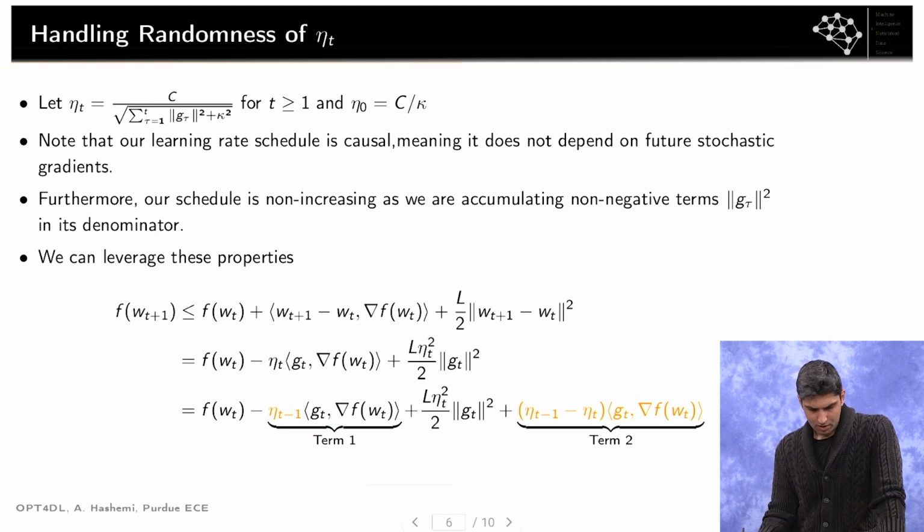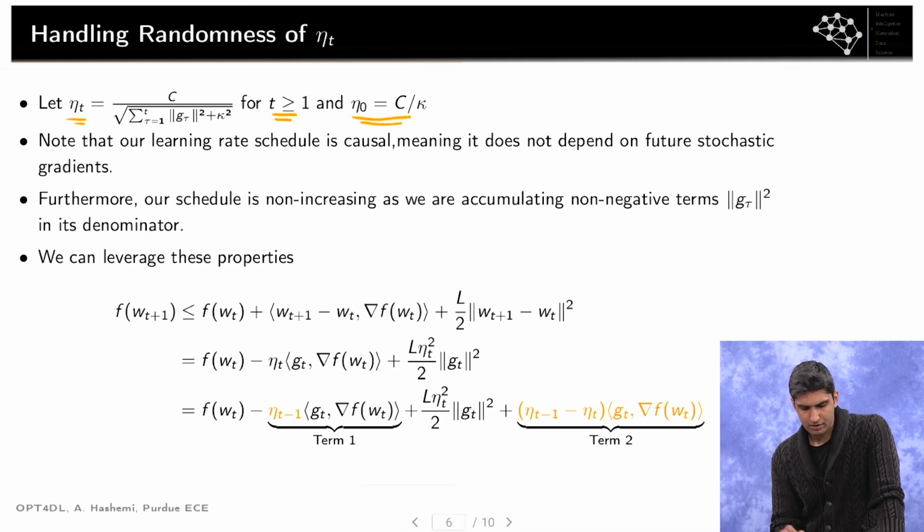To find a workaround, we're going to see what the nice properties of our learning rate are. So this is the learning rate. Again, I'm writing the expression here, which is true for all times t larger than or equal to 1.